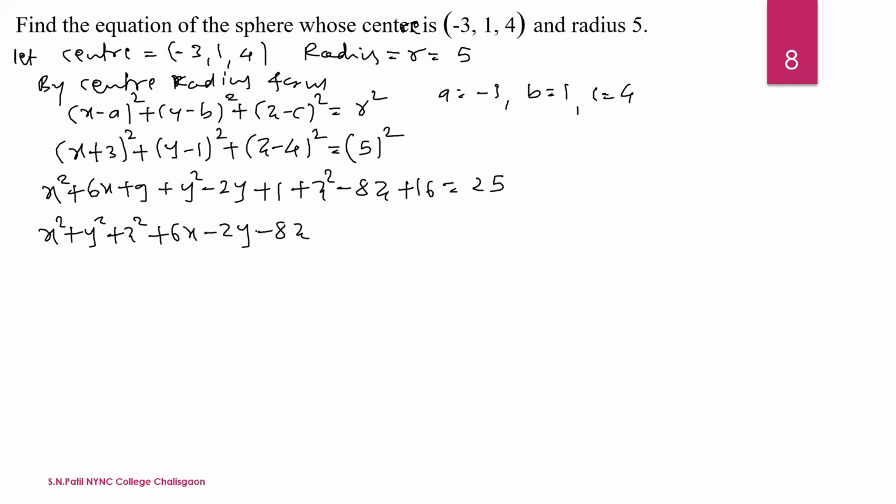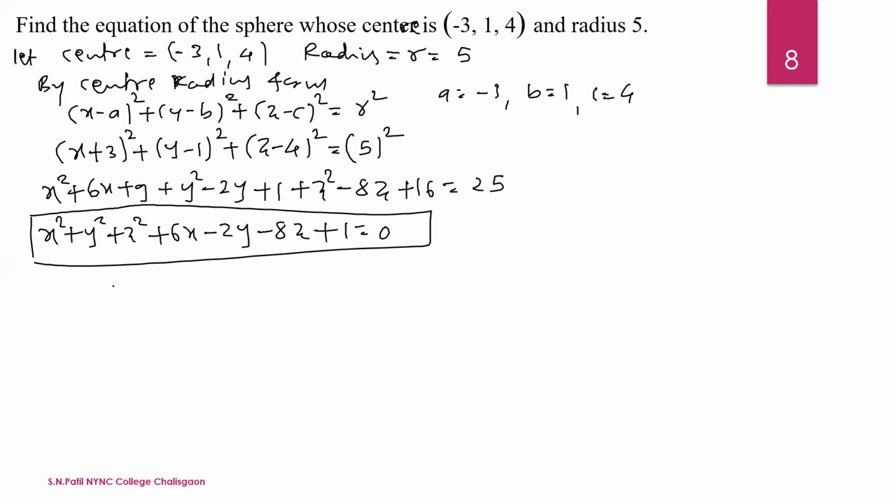Okay, now the constant terms: plus 9 plus 1 plus 16, that is 26. And on the right hand side 25, so 25 is cancelled and only 1 remains, is equal to 0. So this is the required equation of the sphere.